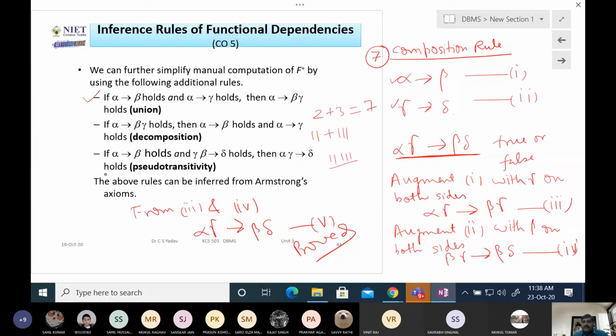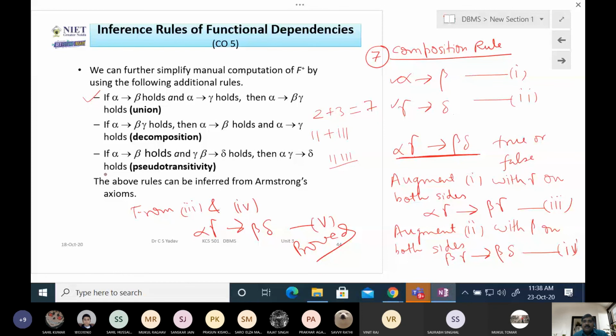So there are various topics in third unit. I have already covered normalization, then types of normal forms, first normal form, second normal form, third normal form, Boyce-Codd normal form, then functional dependency, fully functional dependency, partial functional dependency, non-trivial functional dependency, and trivial functional dependencies.